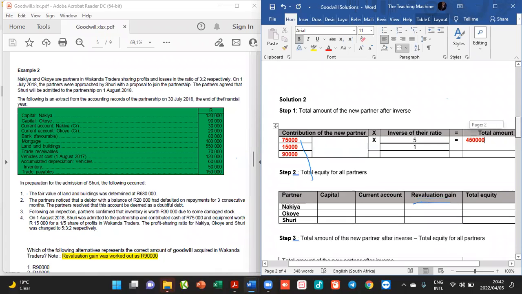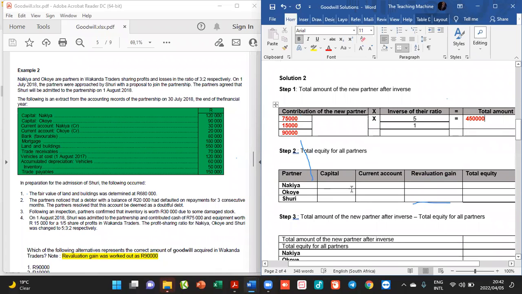Now let's quickly go to step number 2, where you need to determine total equity for all partners. With the new partner, it should be how much? It should be 90,000. Okay, let's go back to example number 1.